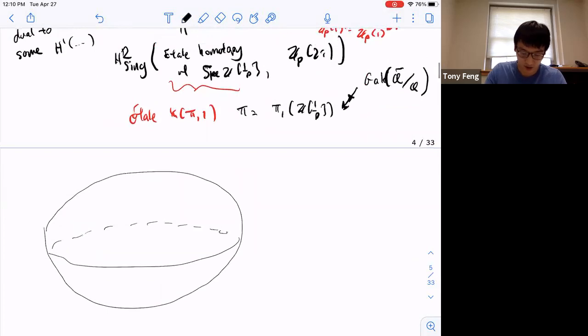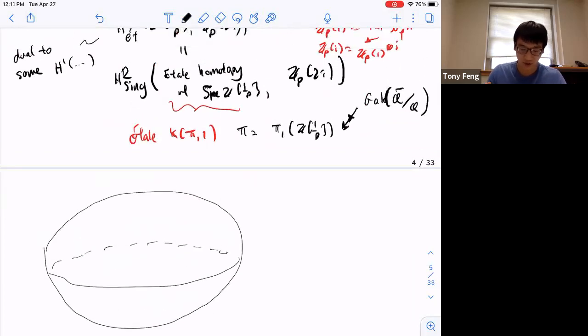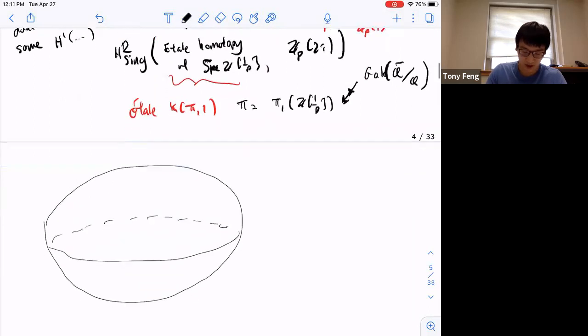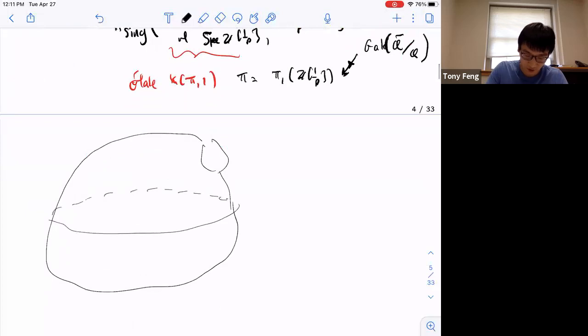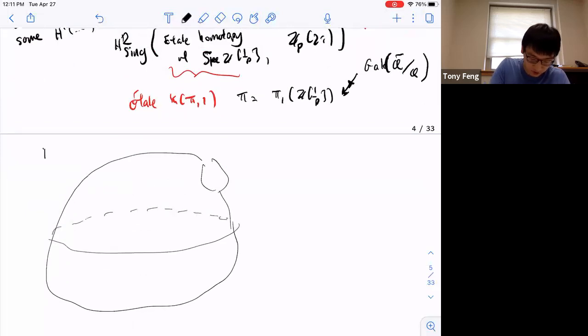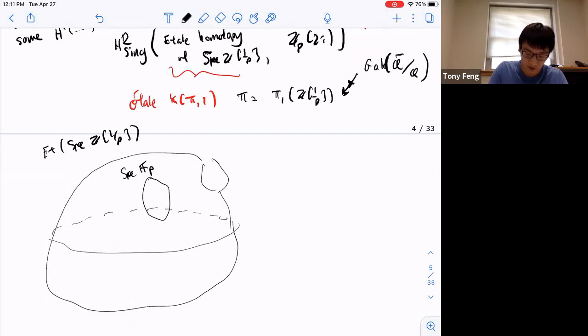So roughly speaking, the heuristic is that the étale homotopy type of rings of integers in global fields is like a 3-manifold, an open 3-manifold. So let's puncture a point somewhere.